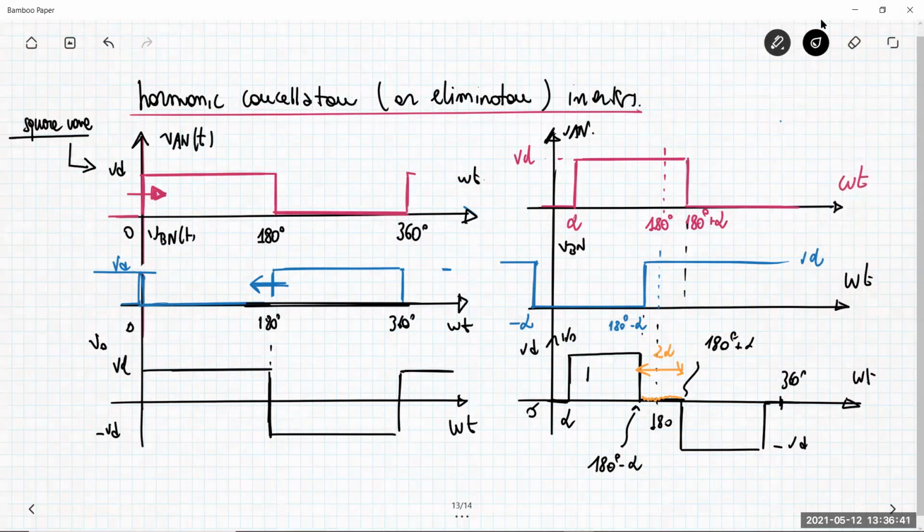So you have here, for example, TA plus and TB minus that are on. Here TA minus and TB plus are both on. And in between we have, for example, TA plus and TB plus simultaneously on, and then TA minus and TB minus simultaneously on.